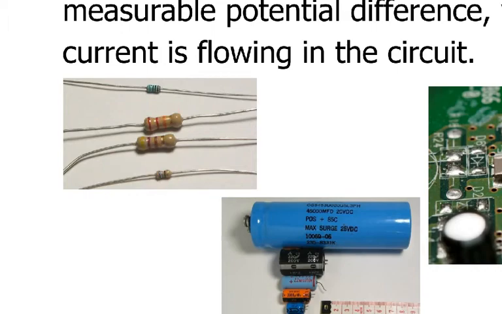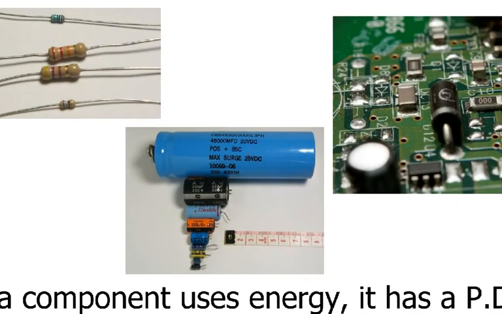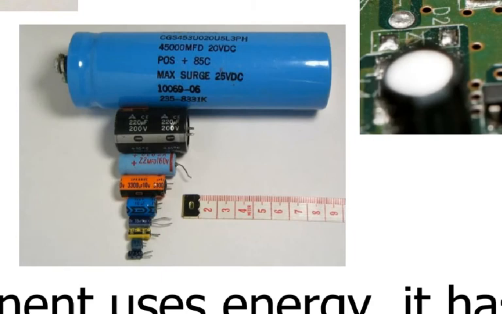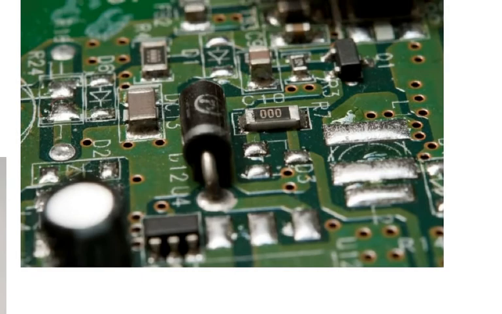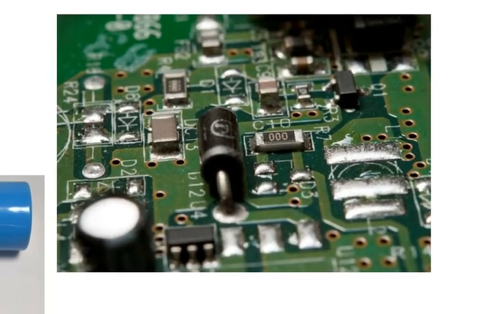Those are several different examples of resistors. Here we have capacitors that could be attached into a circuit, a whole bunch of different kinds of capacitors. And lastly, just a circuit board with all kinds of things attached to it. So all of these components would have some potential difference across them.